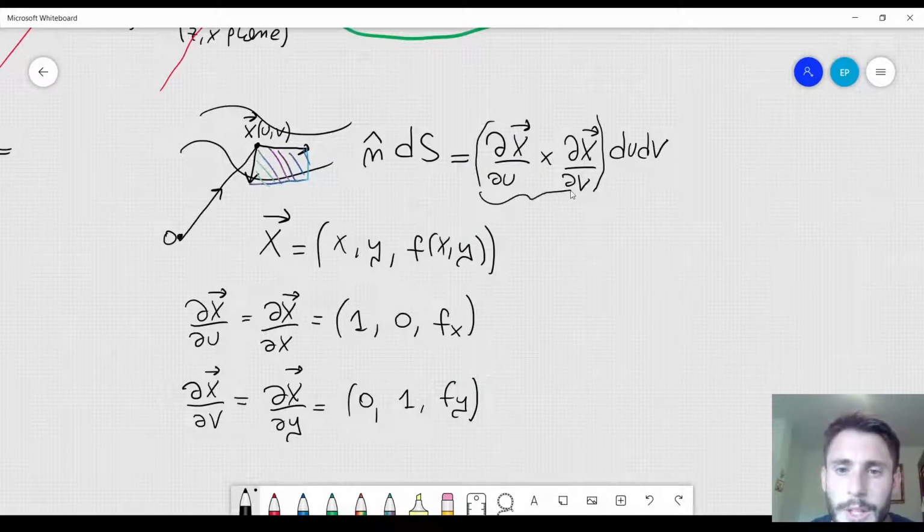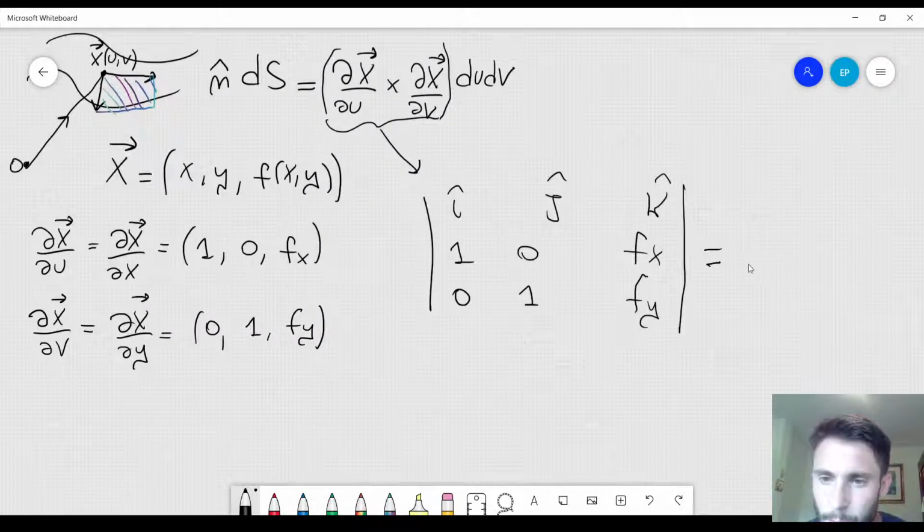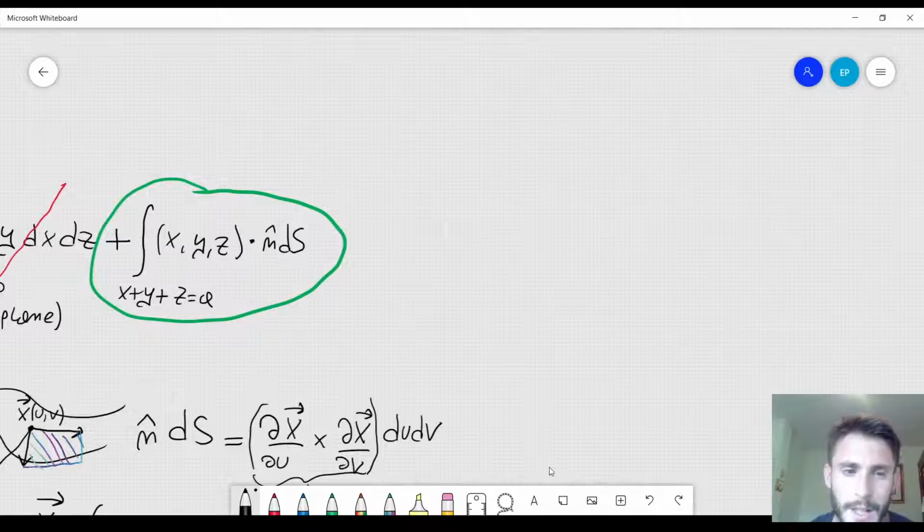So the cross product will be given by the determinant of this matrix, i, j, k. Then I will put 1, 0, f_x, 0, 1, f_y, and this will give me, the first component will be minus f_x, then I have minus f_y, and then I have 1. Now I can use this result in the integral that I want to calculate.